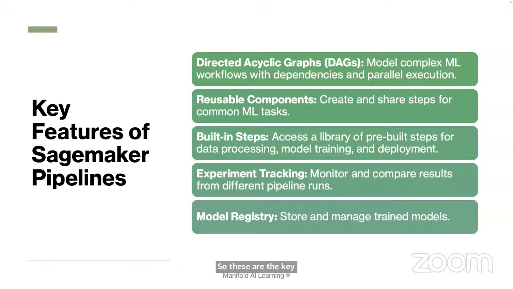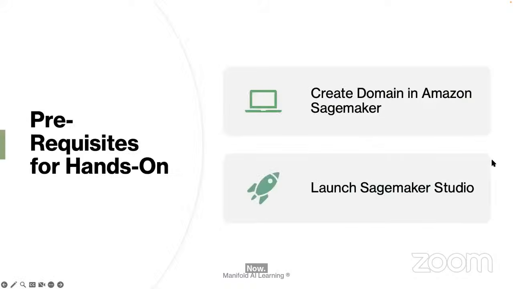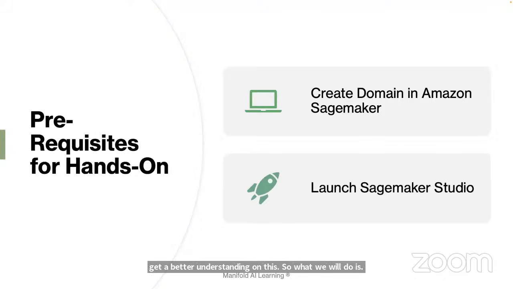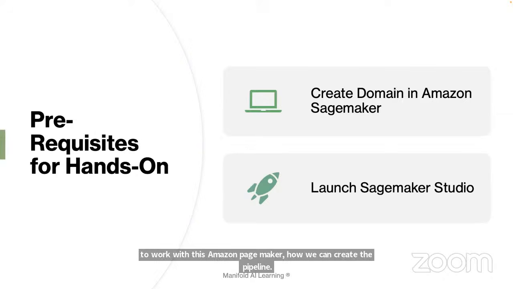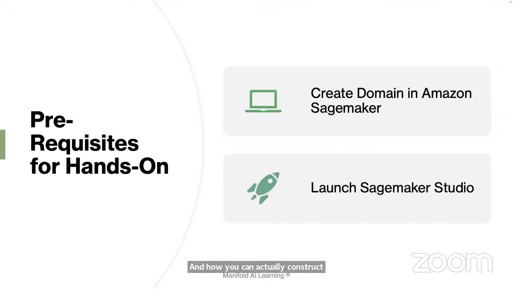Now you have the basic idea of what exactly the SageMaker pipeline is, how it works, and its importance. To get a better understanding, let's take up the hands-on journey: how to work with Amazon SageMaker, how to create the pipeline, construct and execute it, and track everything I have described theoretically.